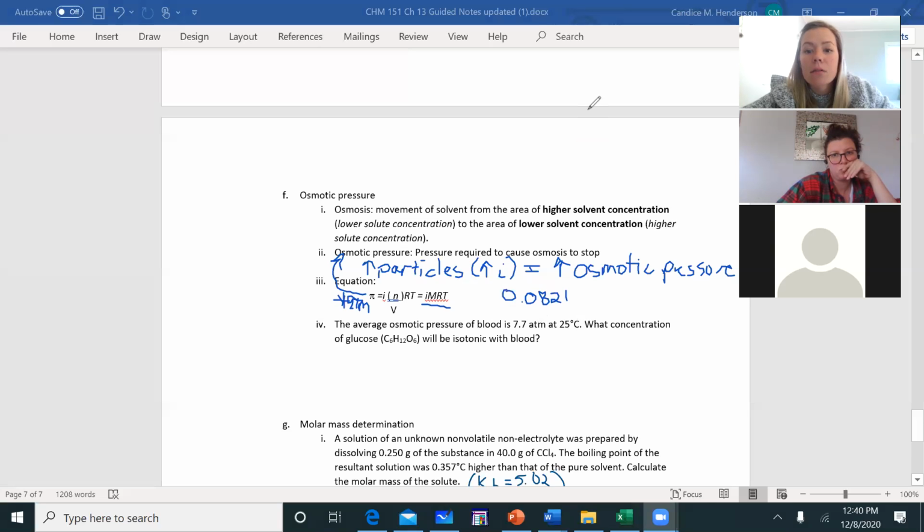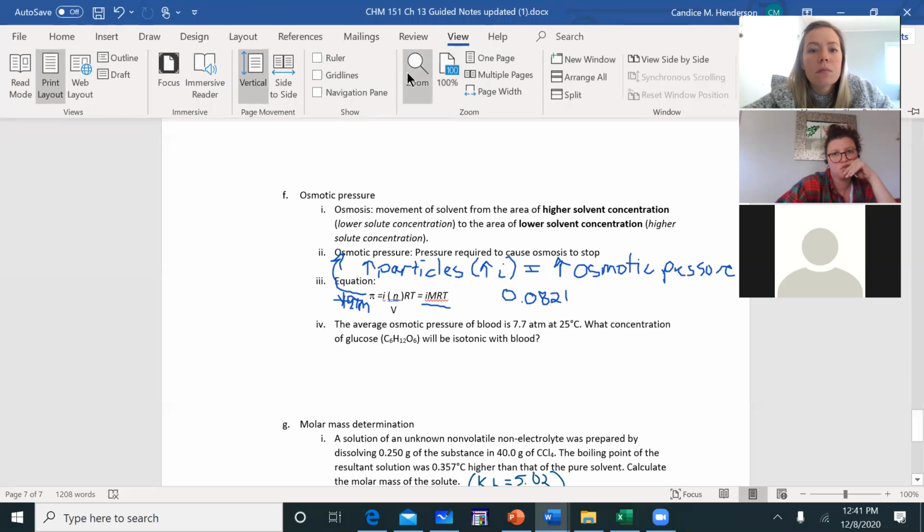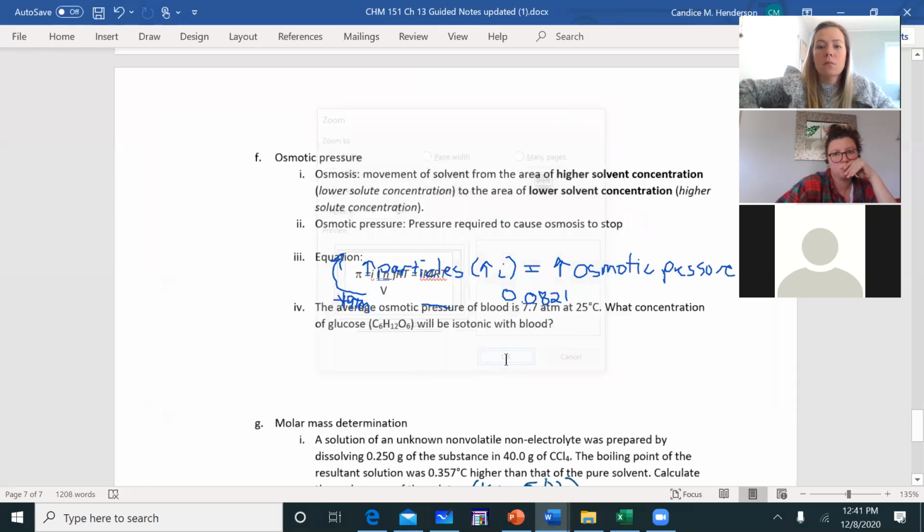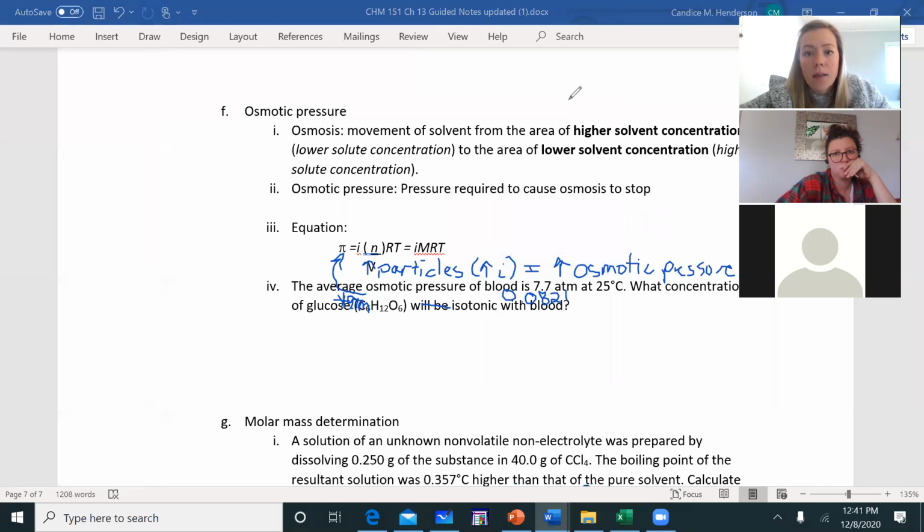Yeah. Actually, let's not annotate. Let's write in the document itself.